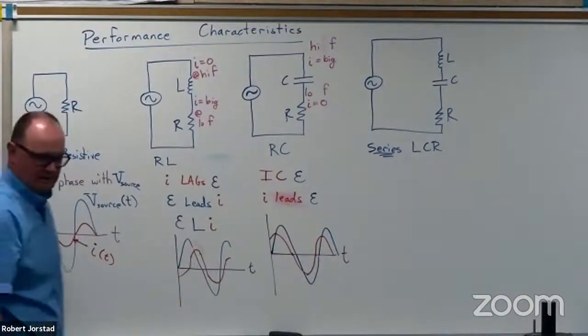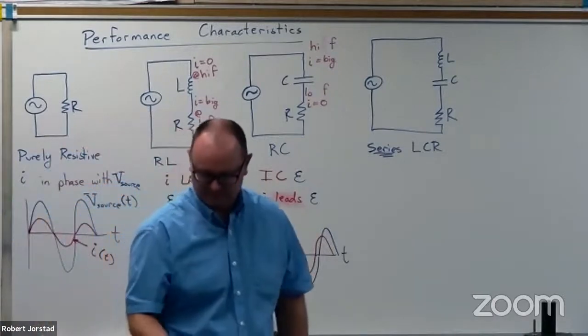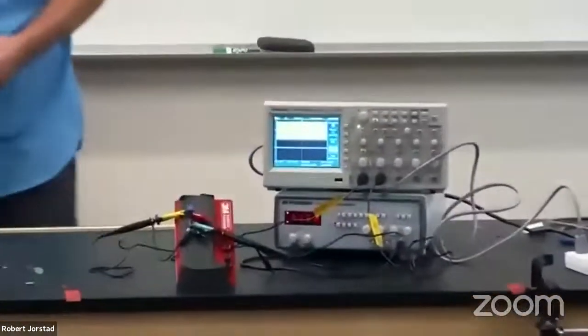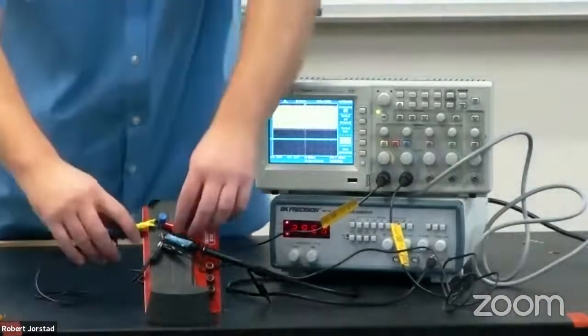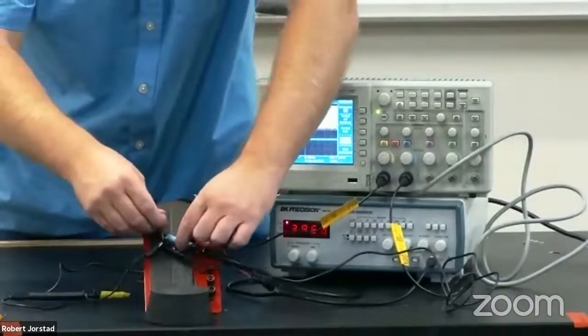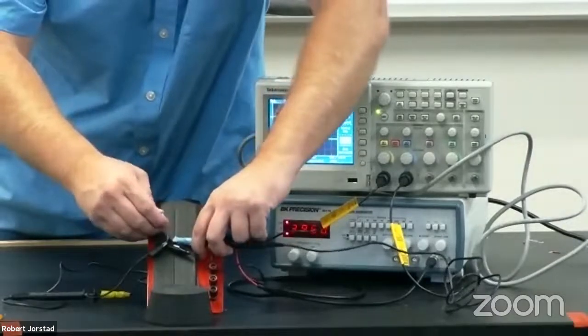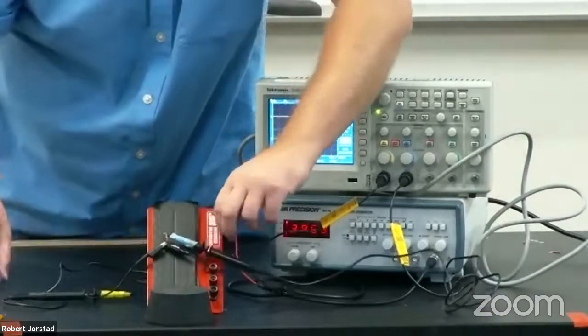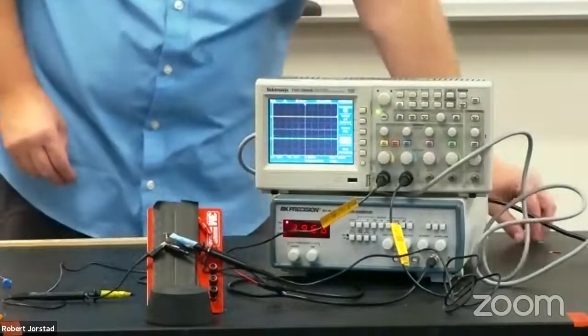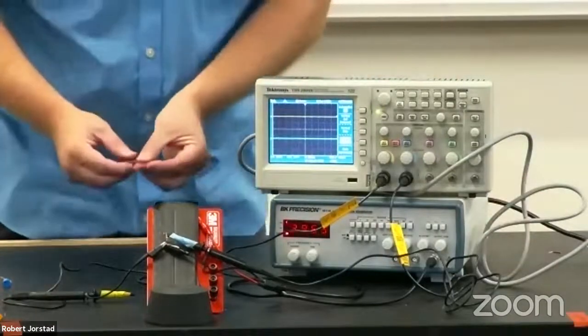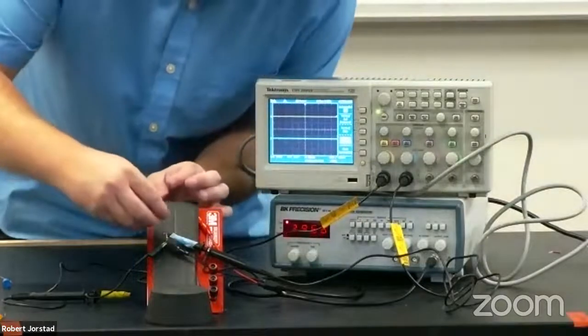Let's go take a look and see if I'm lying. Okay, so now I'm going to pull this inductor out of here. And I had a capacitor somewhere. Okay, we've got our little capacitor here.